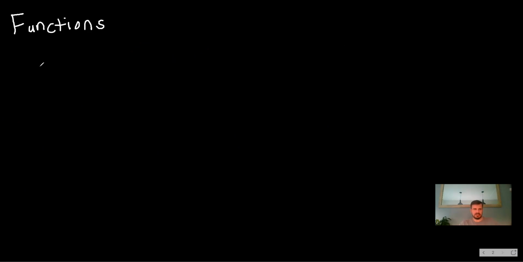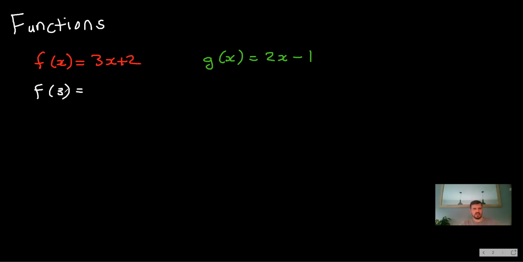And so you're going to see something like this. Let's say we have f of x equals 3x plus 2, and g of x equals 2x minus 1. I'm going to start by saying, what if they ask you what f of 3 is? We know that f of x is 3x plus 2.